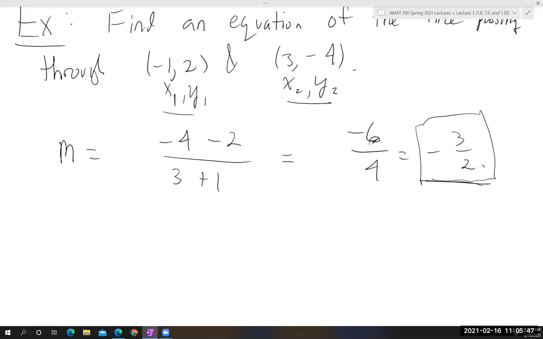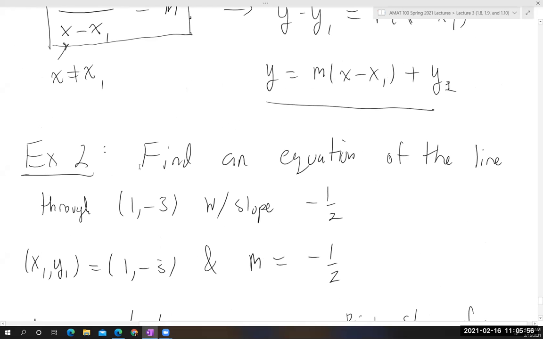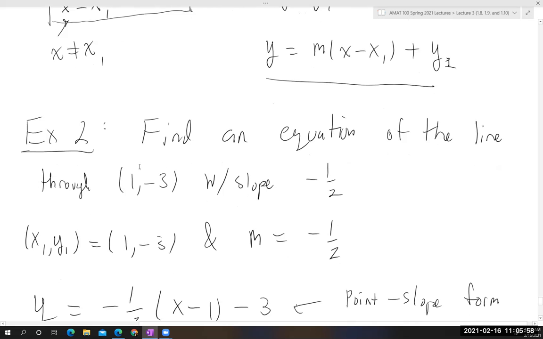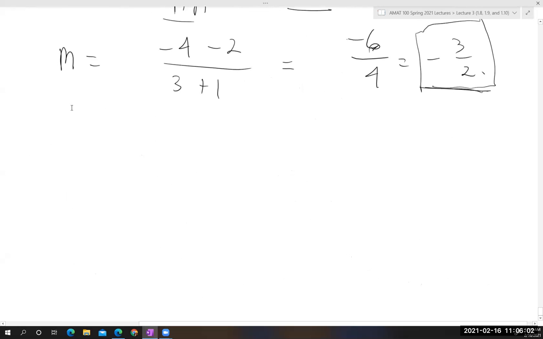So the next thing, this is point slope formula. There's another form of the equation. Sometimes you're given different data. So the next thing you could have is maybe a slope and an intercept.